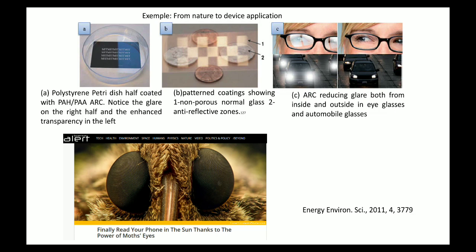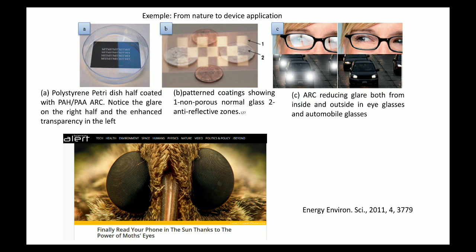So as you can see, the glare on the right half and the enhanced transparency on the left. On your right hand side, you can see there is some reflection from the surface of the petri dish, and therefore its transparency has got reduced.